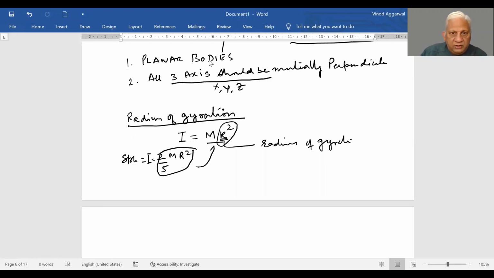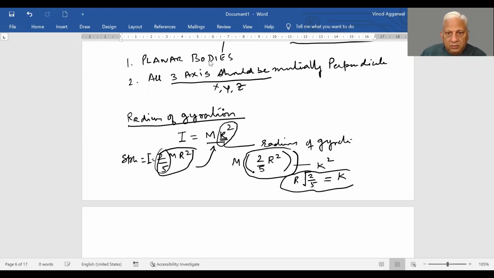If you compare this formula with the other formula, what it says is, if we write it like this, m times 2 by 5 r square, and if we call this k square, then the radius of gyration for a sphere will be this much.